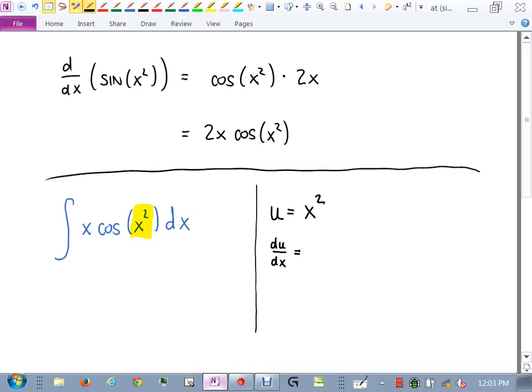What would the derivative of u with respect to x be over there? 2x, right? Now what I'm going to do, something that we didn't do a lot in Cal 1, is rewrite this as du equals 2x dx. Really what I'm doing is multiplying both sides of this equation by the differential dx. So it cancels on the left and appears on the right. Everyone see that?